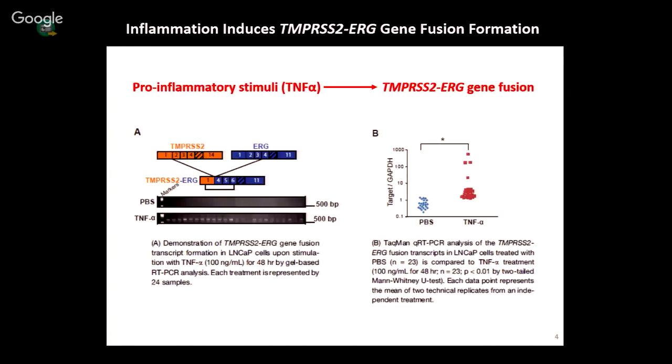I'm so sorry, I don't clearly understand the question. For the prostate cancer cell line, you see 50% after TNF treatment, right? This is very, very high, and that is how they can do the experiment. If it is very low, it's very hard to do the experiment. But in different types of cells, for example, in stomach cells, would they create similar fusions? Because of different gene expression patterns. So what do you think about it?